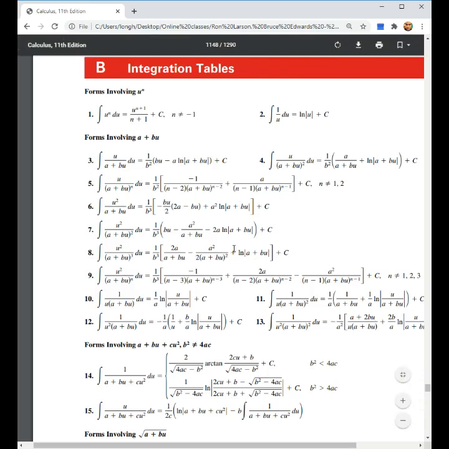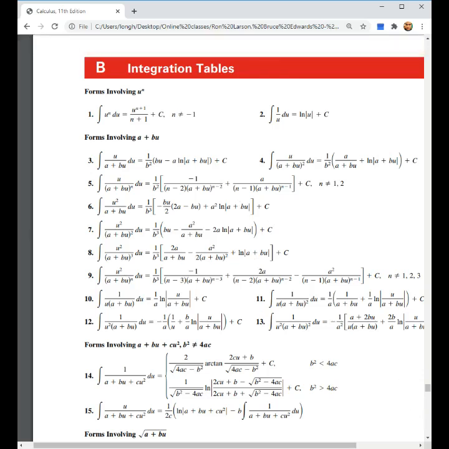So using the previous techniques that we've learned in tandem with this table is what the tables are intended for.